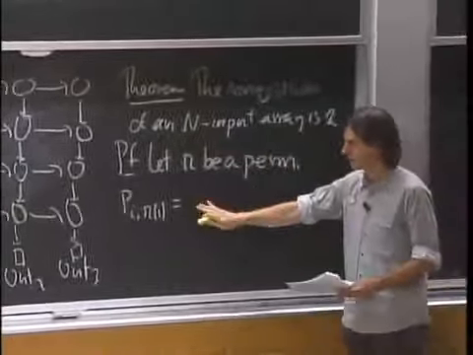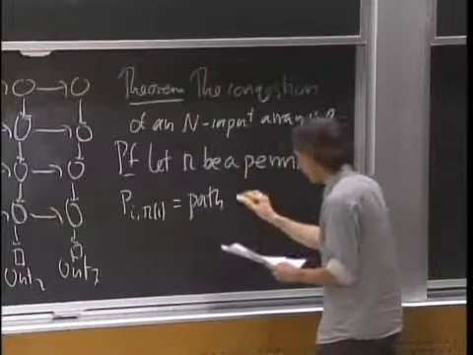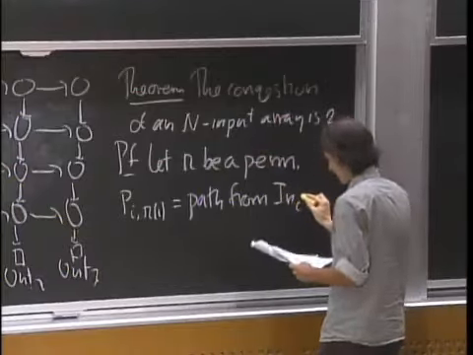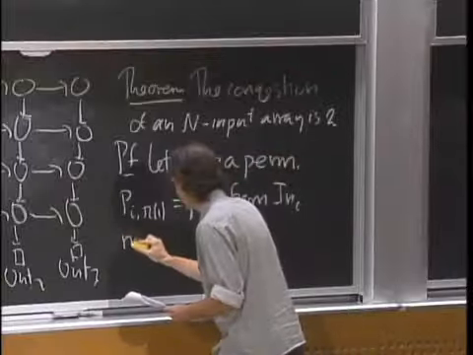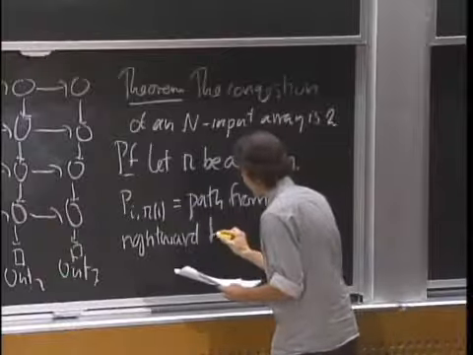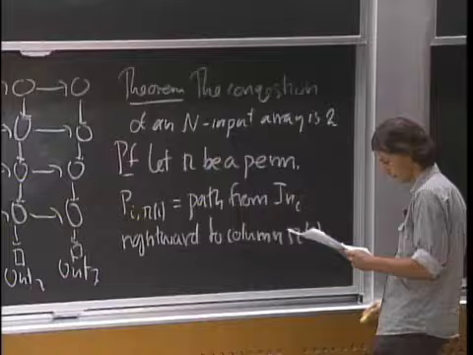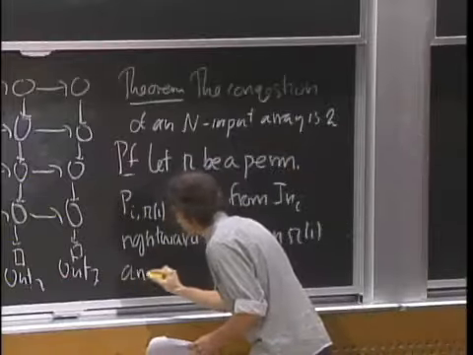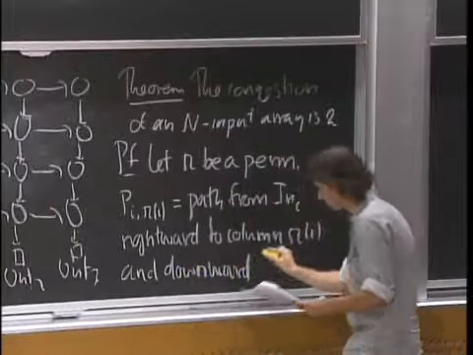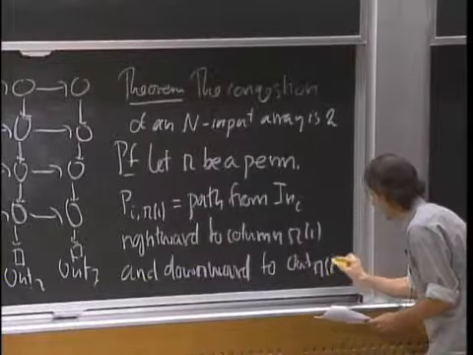So let's define that. We say that in our solution, we will design it such that the path from input i is going to be rightward to column pi(i), and then downward to output pi(i).